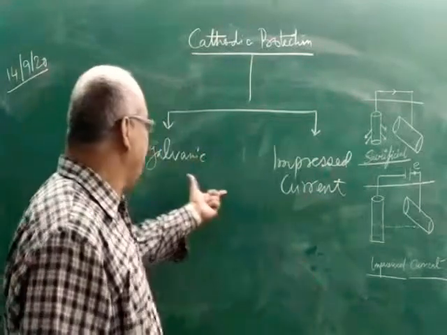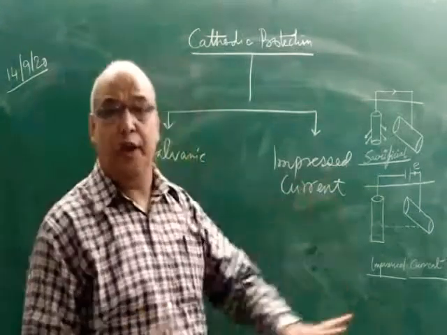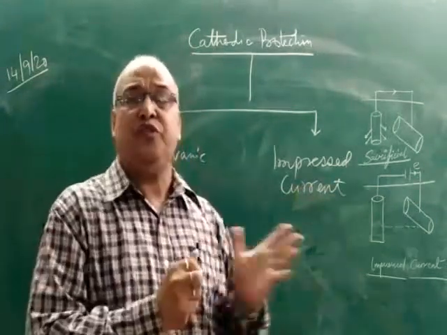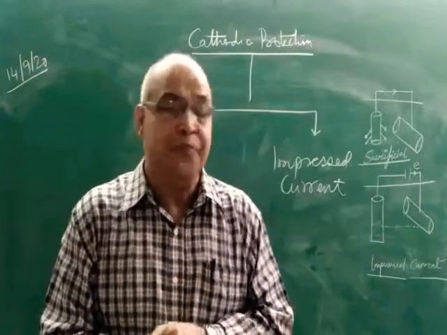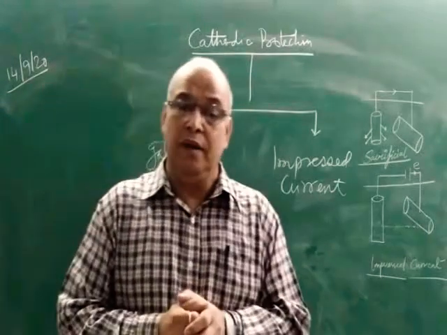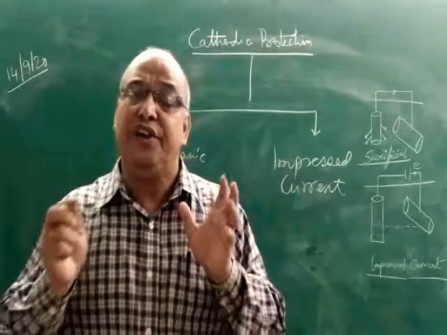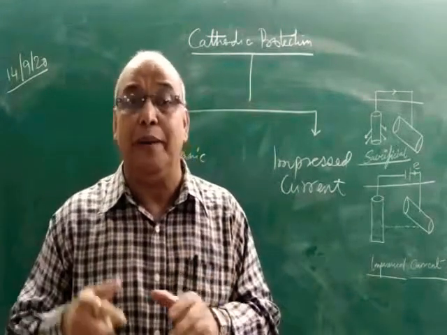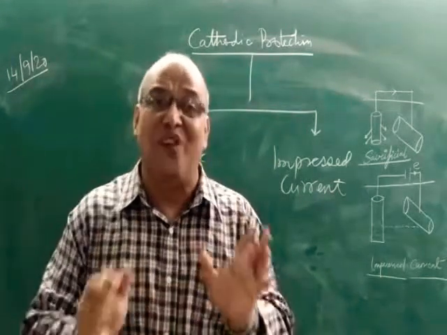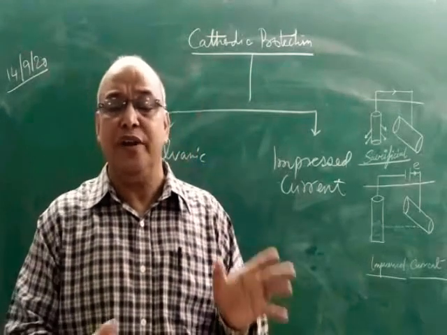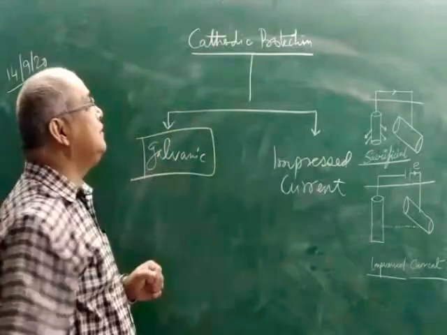The main difference between these two is that impressed current cathodic protection uses an external power source with an inert anode, while galvanic cathodic protection uses the naturally occurring electrochemical potential difference of the metallic elements to provide the desired protection against corrosion. Now let us start with galvanic cathodic protection.